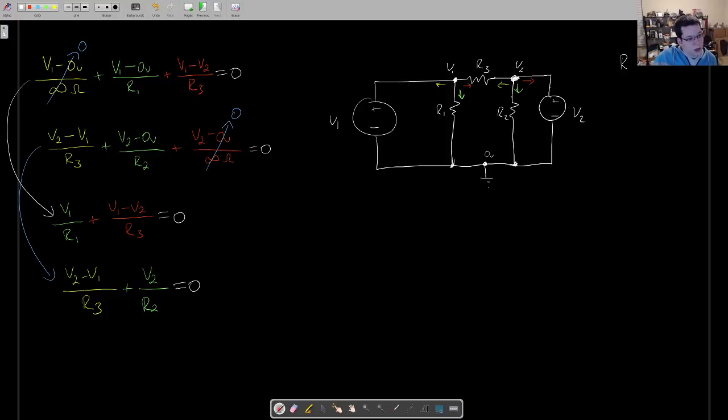and if we assume R1 equals 6 kilo ohms. R2 equals 10 kilo ohms. V1 equals 5 volts.